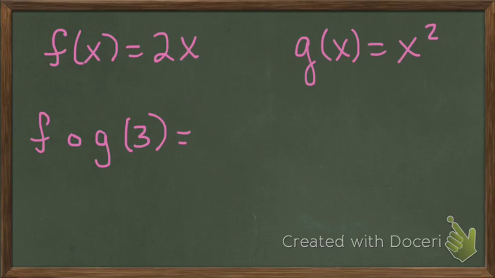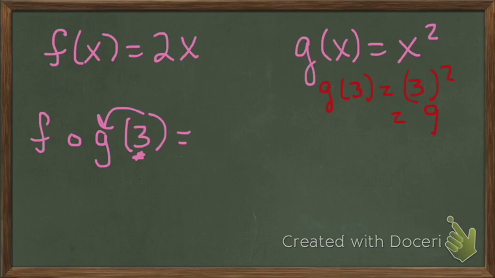Alright, now I've changed the two functions. This time you'll notice that I have a 3 where the x was, to find f of g of 3. Here's how this works. You start from right to left. So we're going to put 3 inside of g to start out with. We're just going to find g of 3. So g of 3 is 9.